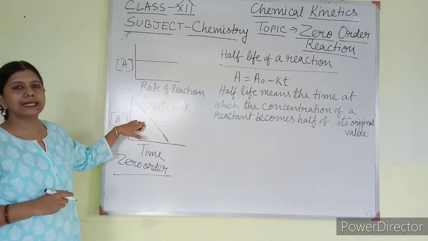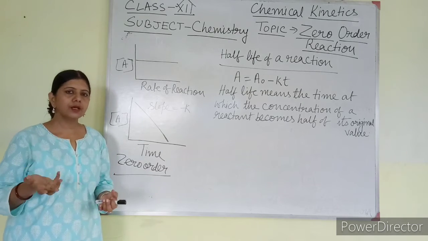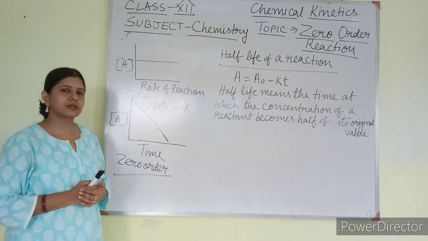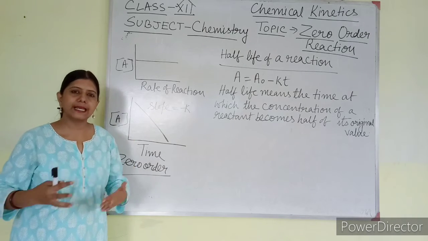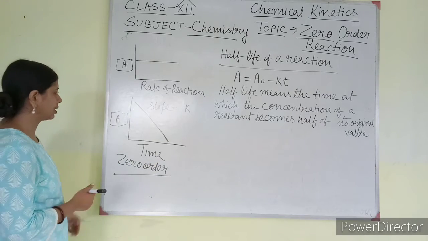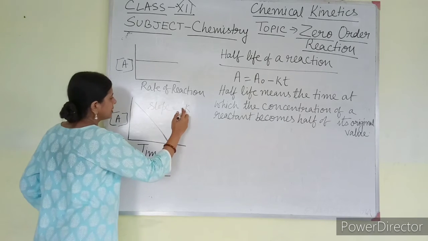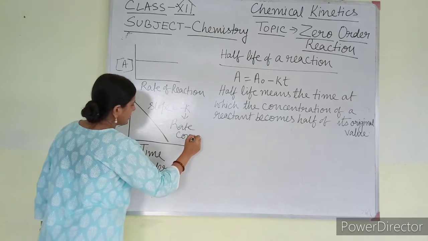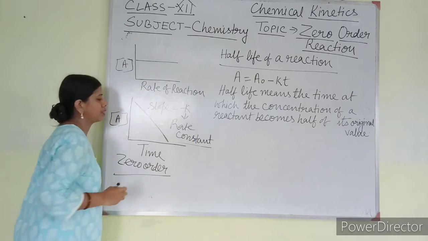So if you get a question that what does the graph of time versus concentration of the reactant for a zero order reaction look like, it gives you a negative slope. Negative slope means a straight line in the negative direction, and the slope of the graph is minus k, where k is the rate constant. So this is all about the graph of zero order.